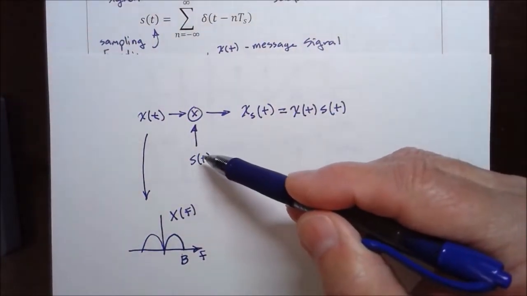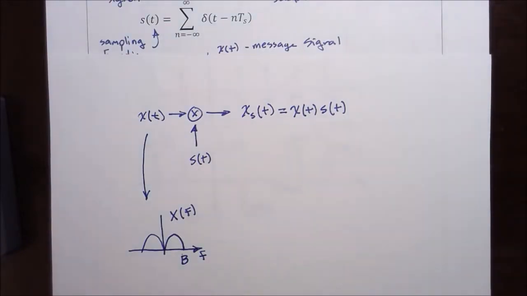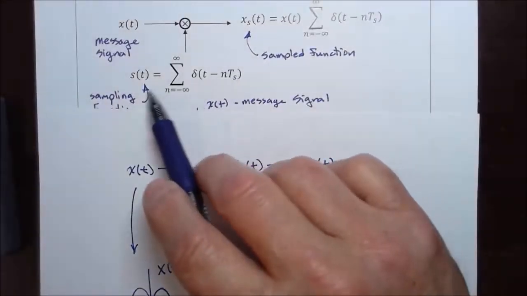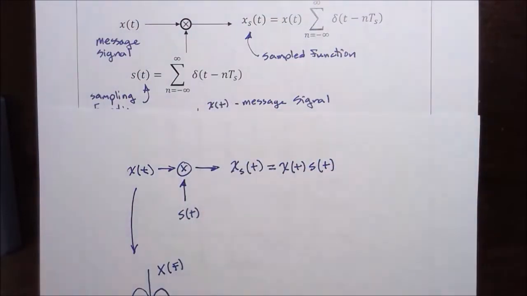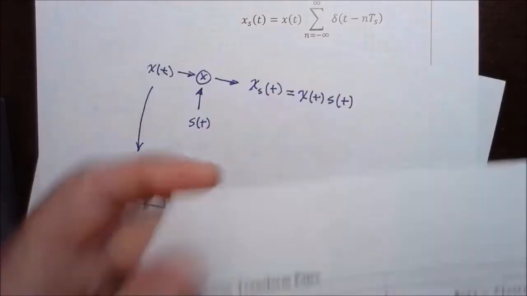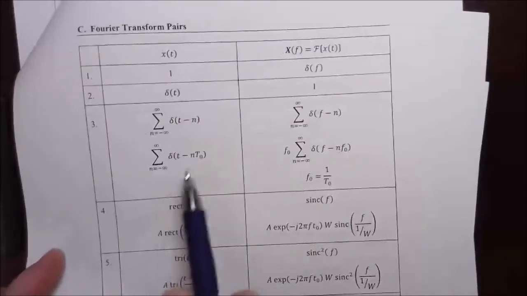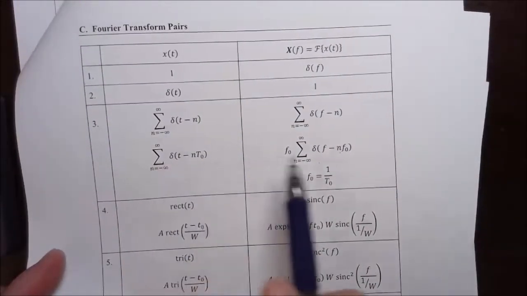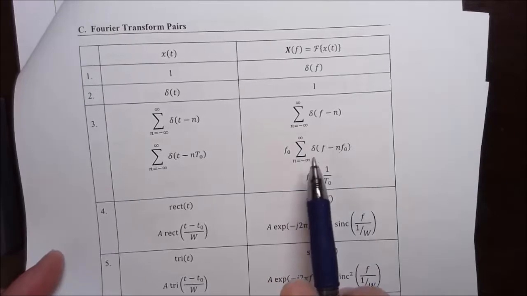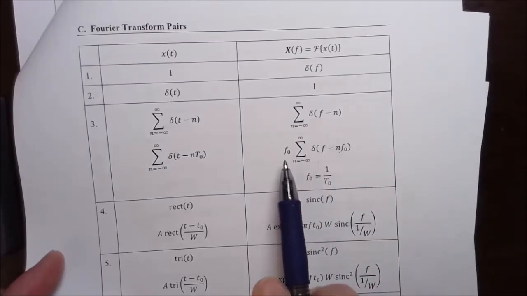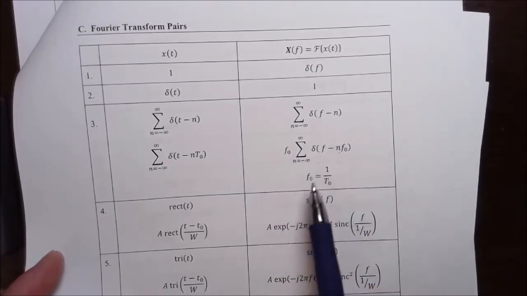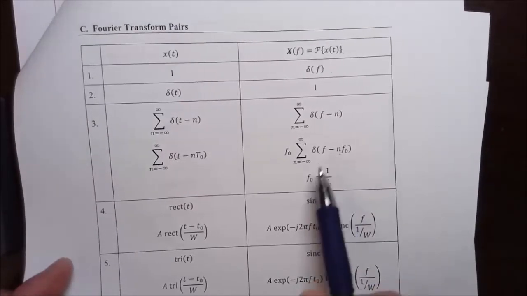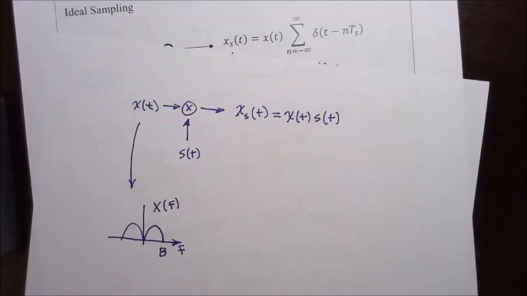The spectrum of the sampling signal will be the Fourier transform of this train of delta functions, and I know what that's going to look like. You take the Fourier transform of the train of delta functions, you get a train of delta functions with a particular scale for each one, and a spacing between the delta functions.